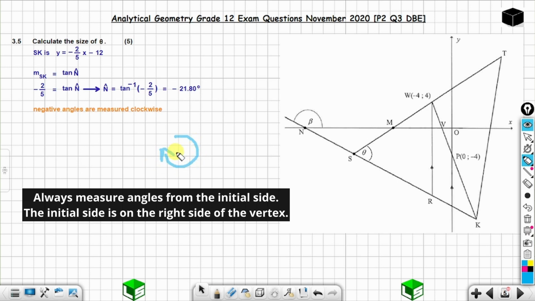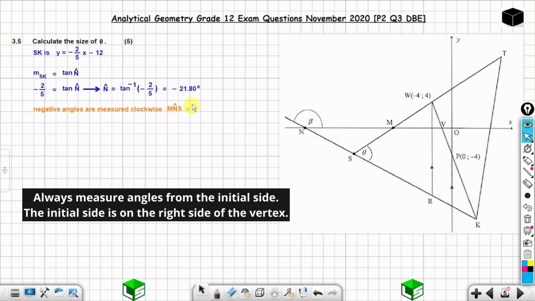So at n, clockwise, it's going to be like this. It's going to be the angle MNS, clockwise.